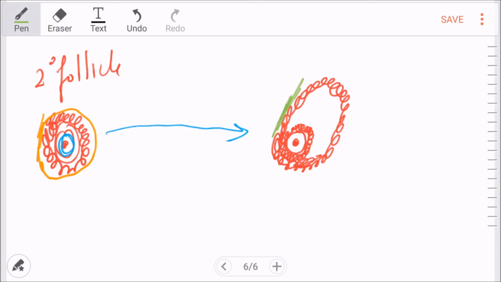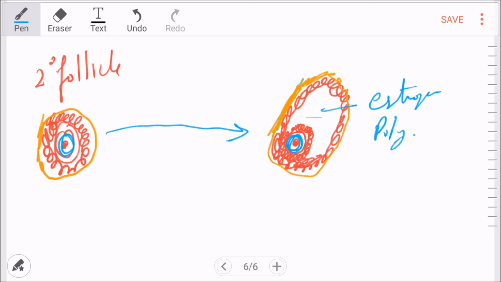Theca cells and zona pellucida. So here will be the estrogen, other proteins, okay, and this is the Graafian follicle.